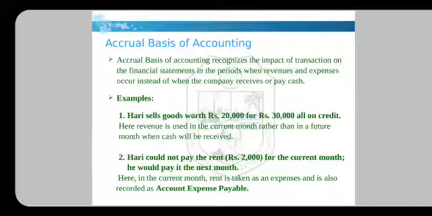He would pay it in the next month. So in the first example, the revenue is recognized in that month itself. But in the second example, the payment is not made in the current month, so it will be payable in the next month. Here in the current month, rent is taken as an expense and is also recorded as an expense payable. So it is going to be paid in the future, right? Hari is not paying it right now. So this is the accrual basis of accounting.